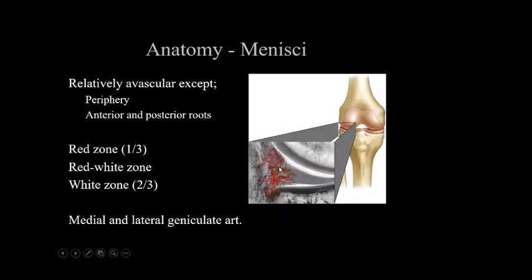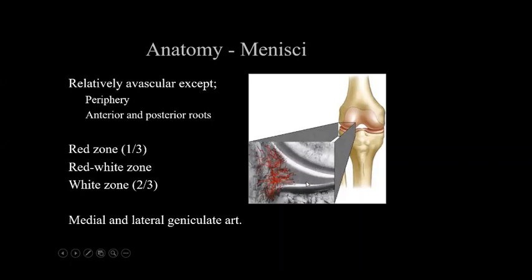And if we detect tears in the menisci, we would normally describe whether the tears are situated in the red zone or in the white zone, because tears in the red zone tend to be left alone, not necessarily treated surgically. However, tears involving the white zone are often treated surgically by arthroscopy and meniscal trimming.